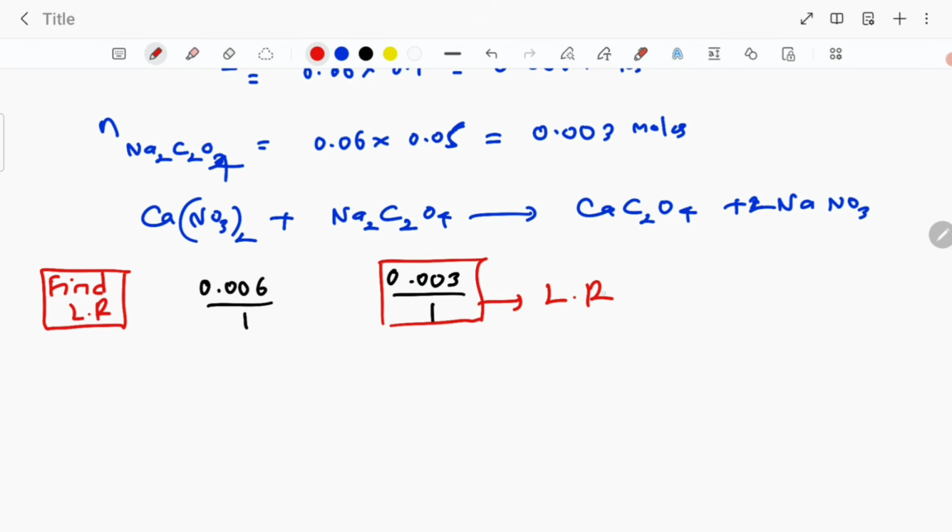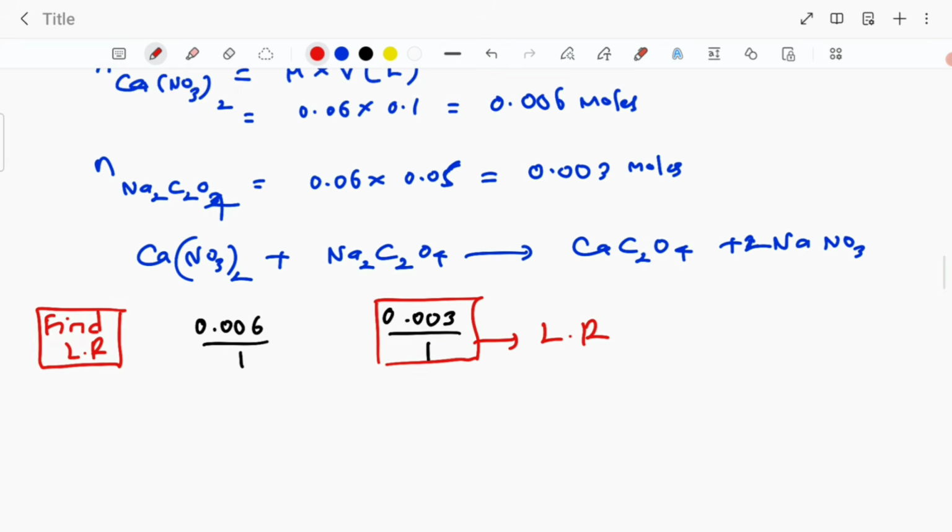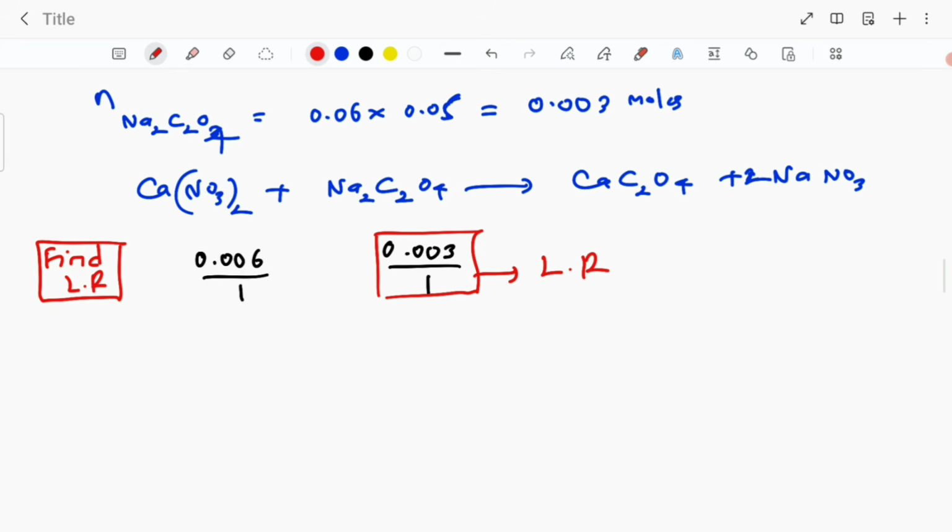So here we identified the limiting reagent is Na2C2O4. It is completely utilized in the reaction: only 0.003 is utilized and the remaining 0.003 is left after completion of the reaction.